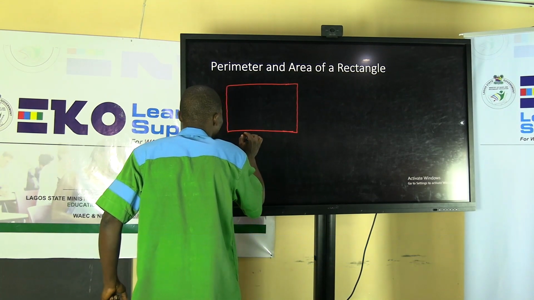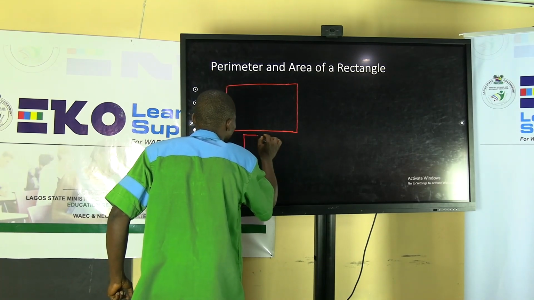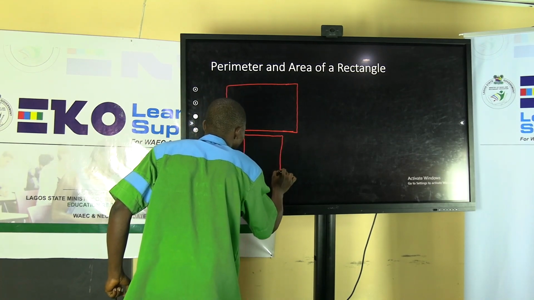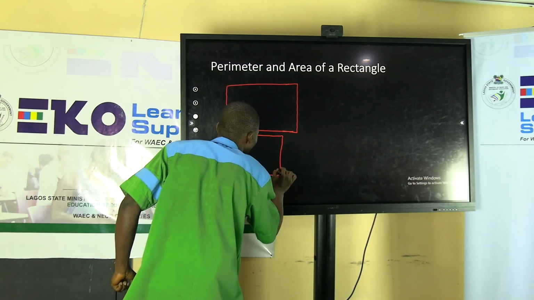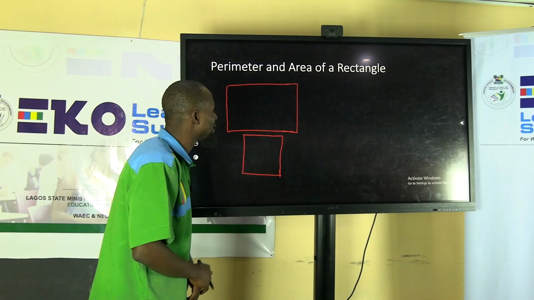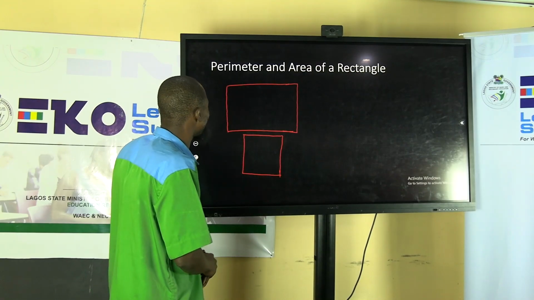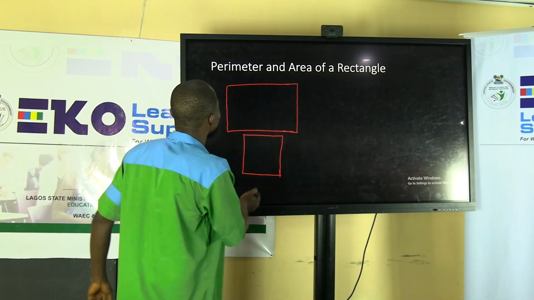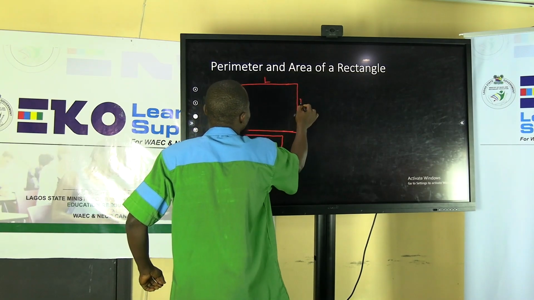Yes, it's of the same family with a square. The only difference is that a square, all the sides are equal. But in rectangle, all the sides are not necessarily equal. Alright, so this is the length and this is the breadth.